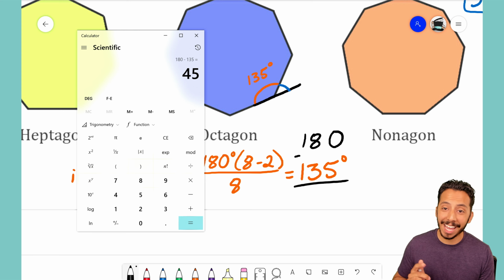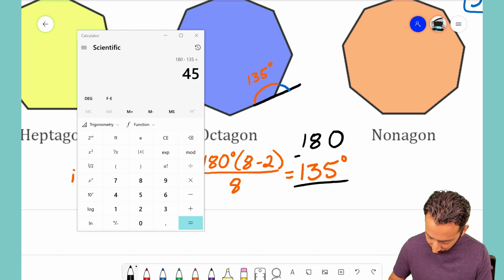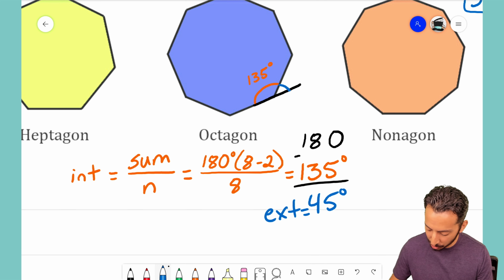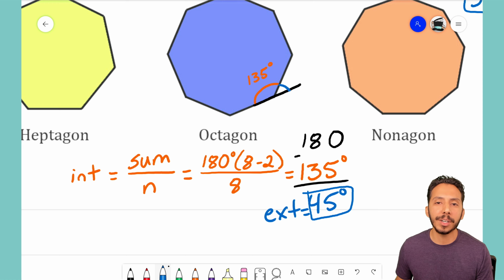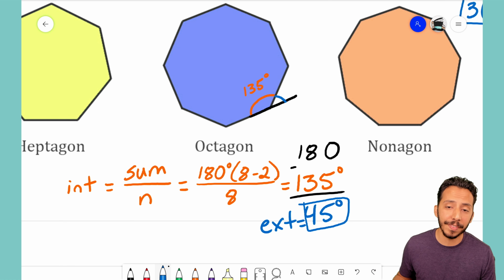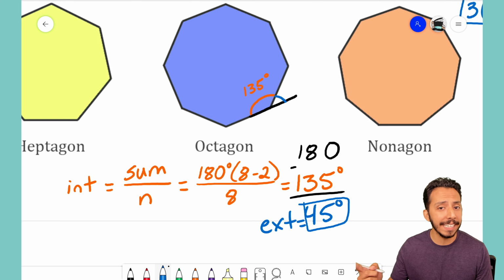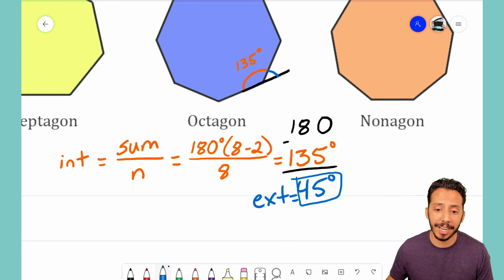And we learned that every exterior angle is going to be 45 degrees. Alrighty, so that is one exterior angle. We want the sum of the exterior angles. There are 8 of them on the octagon: 8 sides, 8 interior angles, 8 exterior angles.